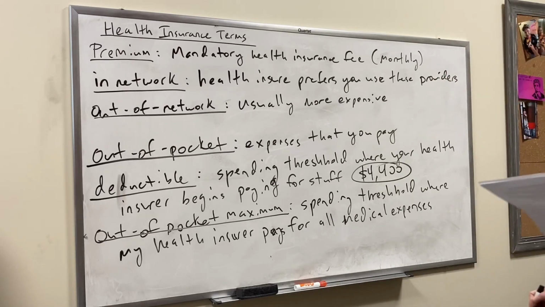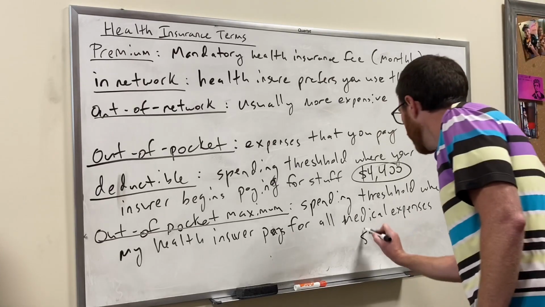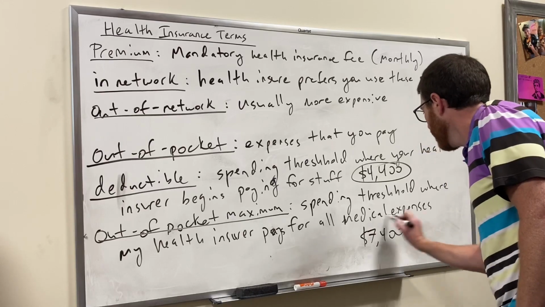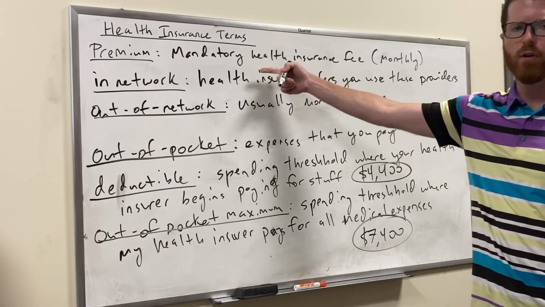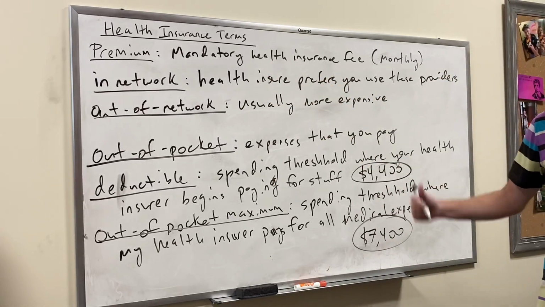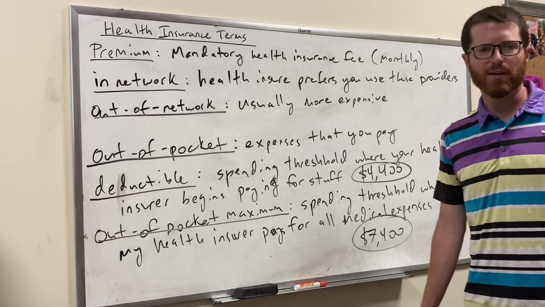And for me, that amount is $7,400 if I stay in network. If I go out of network, it's actually twice as high. And you can see why you'd want to stay in network.